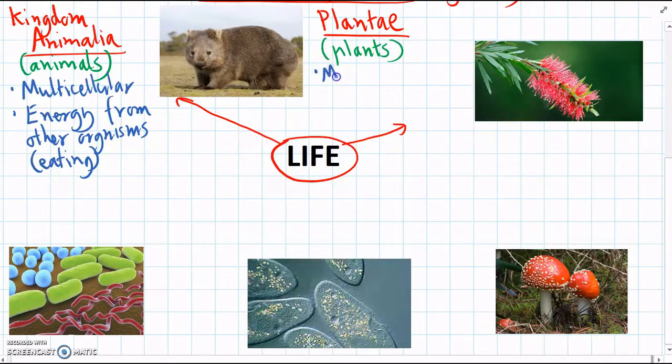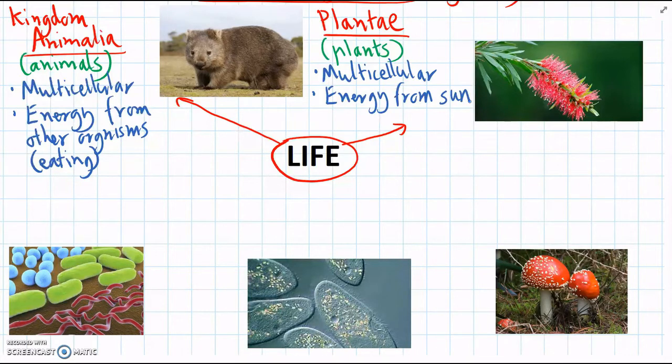And the features of plants, they're also multicellular, made of more than one cell, but they get their energy from the sun. They use photosynthesis and they collect energy from the sun and turn it into food. So they don't need to eat anything else.